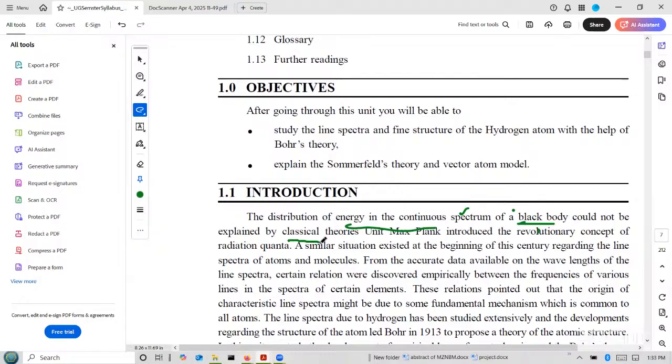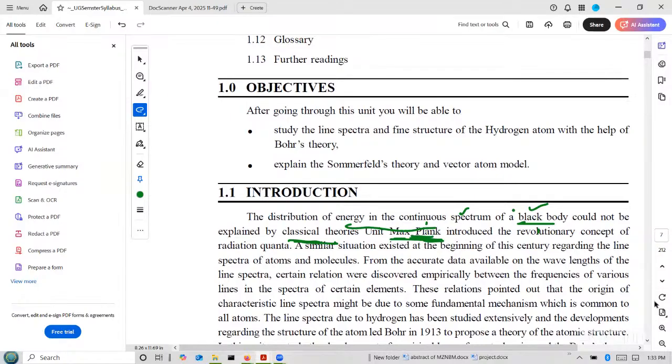What is the meaning? Classical theory does not explain the black body radiation continuous spectrum. Then who explained this continuous spectrum? It is explained by Max Planck.